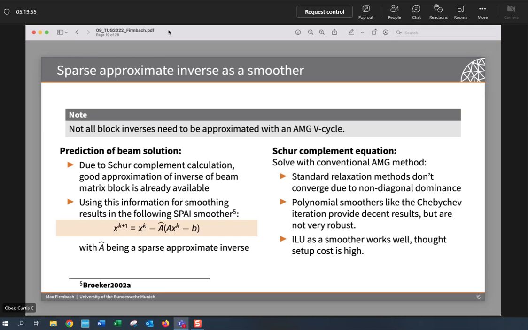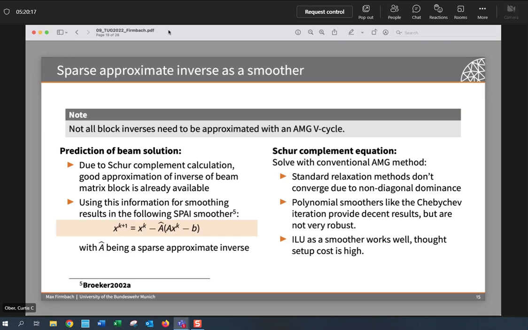And if you already have a really nice inverse approximation of your A matrix, you can of course reuse this again. What we do is we have this kind of fixed point iteration where we don't use the diagonal as a matrix as you would do in the Jacobi method. We just use the sparse approximate inverse.